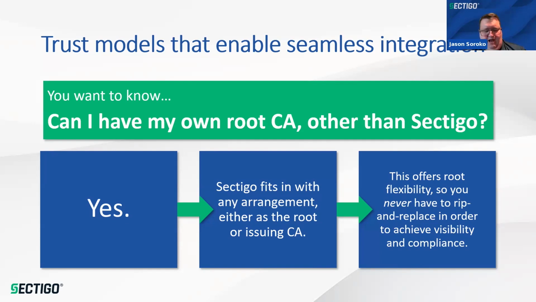What trust models in PKI allow you to do, if you're working with a PKI vendor that has flexibility, is that one of the questions you really should be asking is how are you designing your root certificate authorities, your issuing certificate authorities, and who signs who, which one's on-prem, which one's in the cloud?